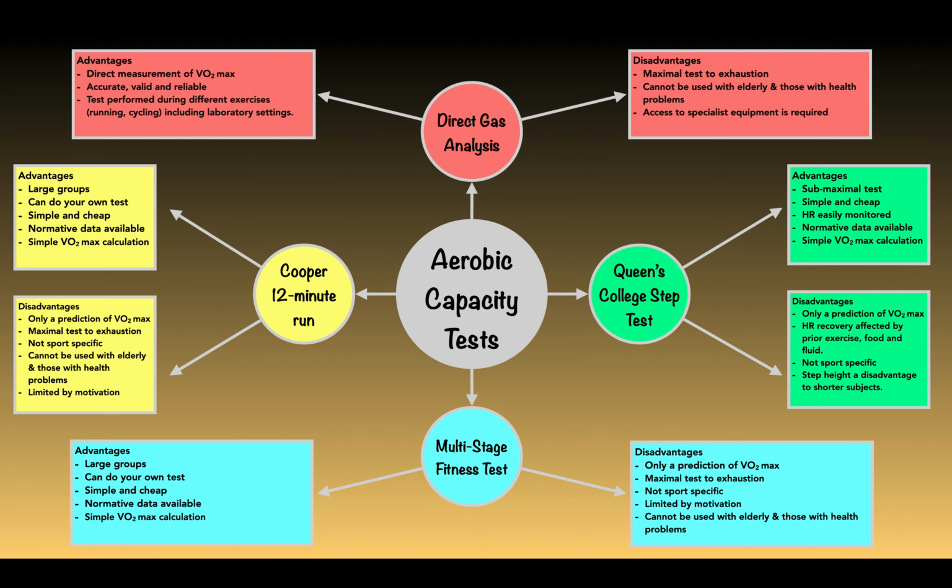Now, one thing I do want to mention is, with these tests that are maximal, the health of the subject, the person, the individual, must be screened. What that means is you need to get them to complete a PAR-Q. This is a physical activity readiness questionnaire. So you must ask questions about whether they have any underlying health issues before you make them take a maximal test.